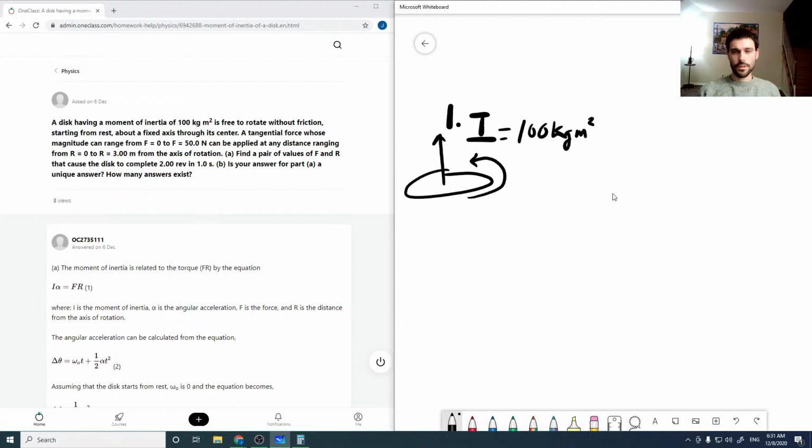And we have some tangential force which can act, and the force can take on anywhere between 0 to 50 newtons, and it can be applied anywhere between 0 to 3 meters. So we can apply the force anywhere we want along the radius of the disk.